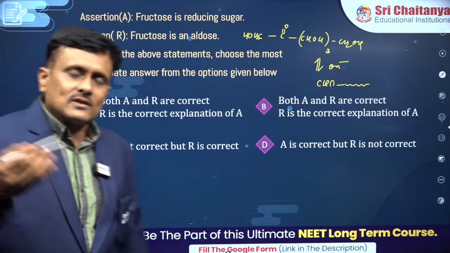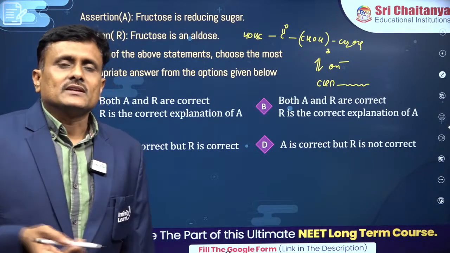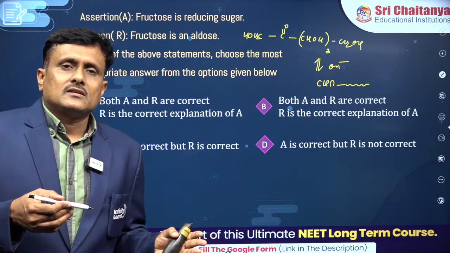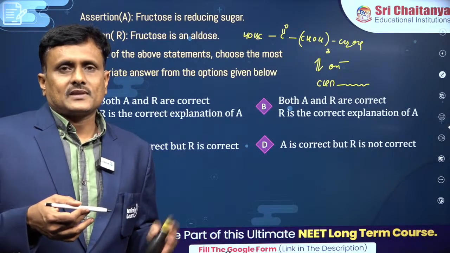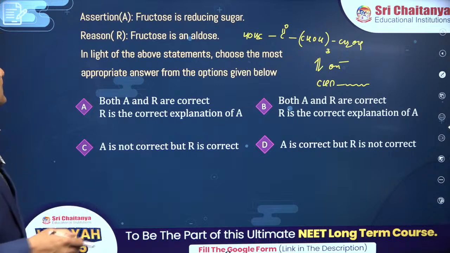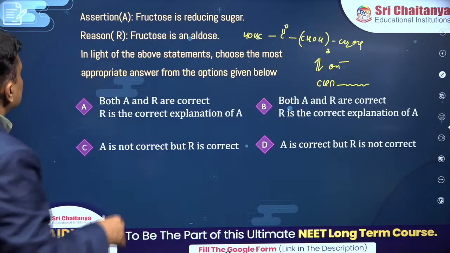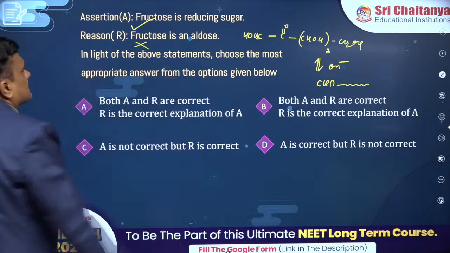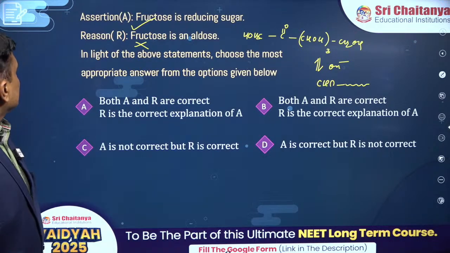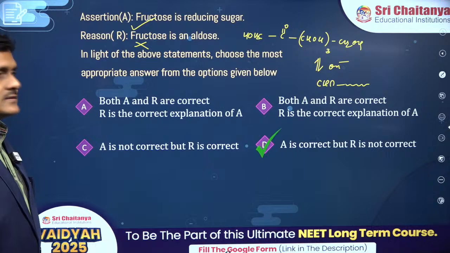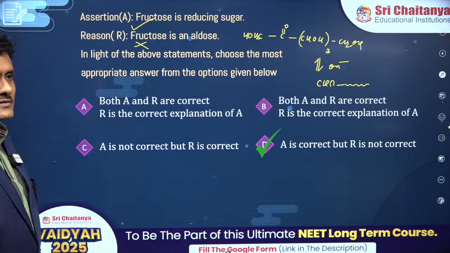So alpha hydroxy ketone fructose is in equilibrium with the glucose structure, and that gives the test. So fructose is a reducing sugar, which looks to be a correct statement, but fructose is an aldose is a wrong statement because it is a ketose. So assertion is correct, reason is not correct. Gave the answer.